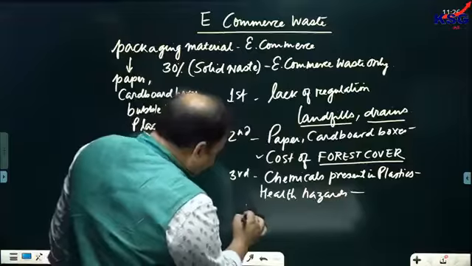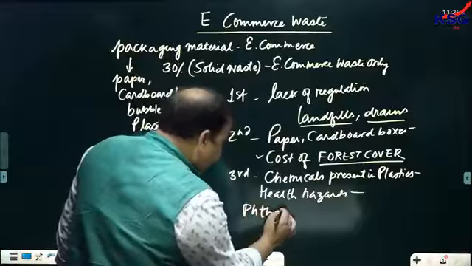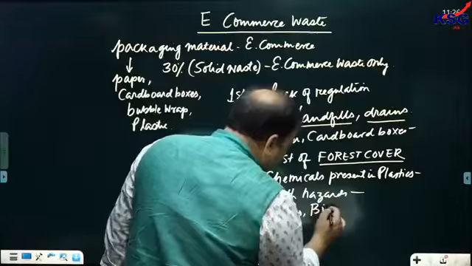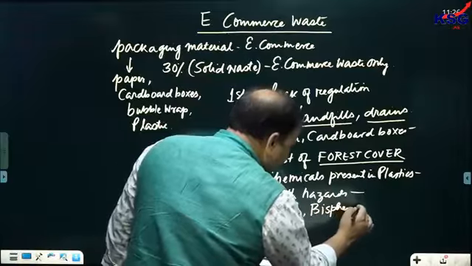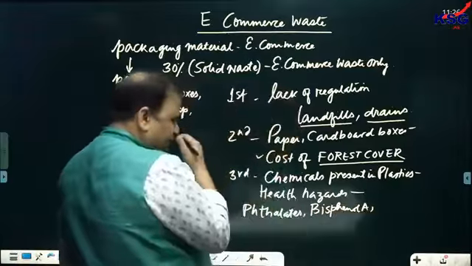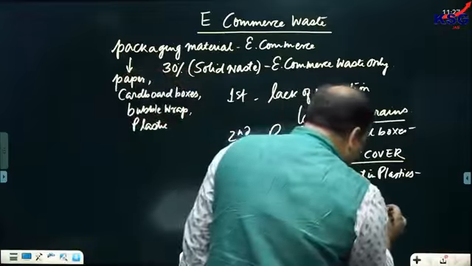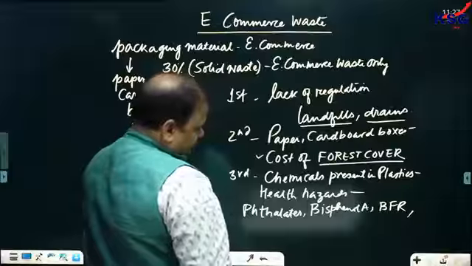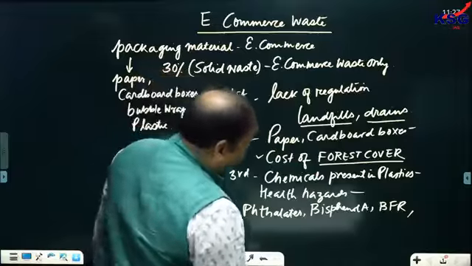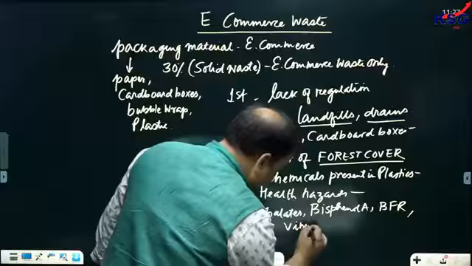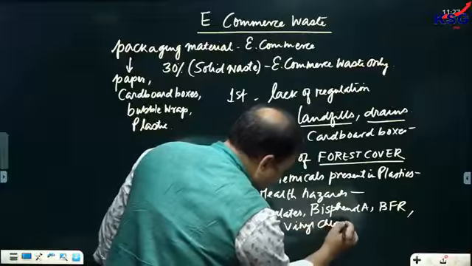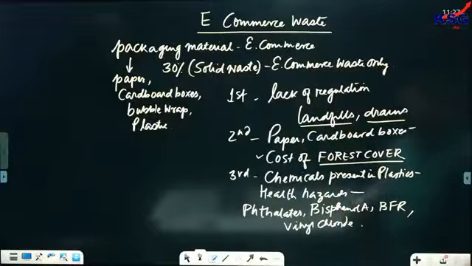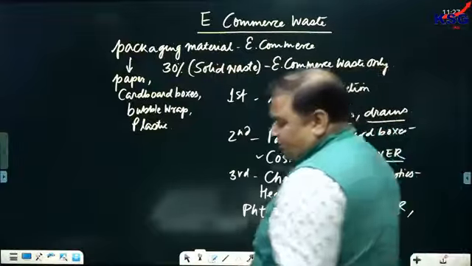And these chemicals include phthalates, which are used for making plastic products more flexible. It also includes bisphenol A, which is used for making plastic products soft. It also includes BFR, that is brominated fire retardants. It also includes vinyl chloride. And all these are health hazards because they are dangerous to health.